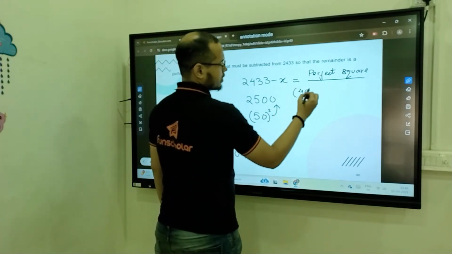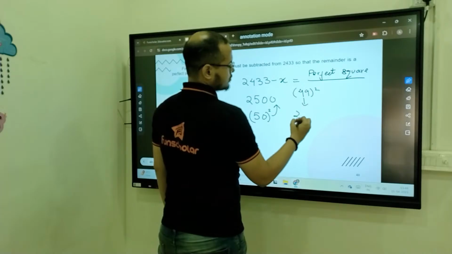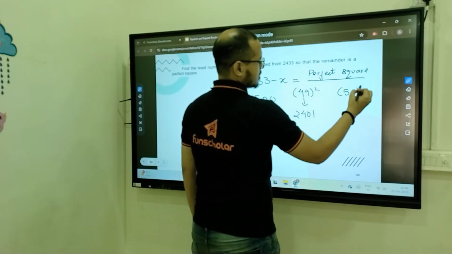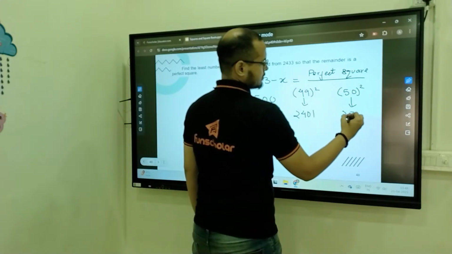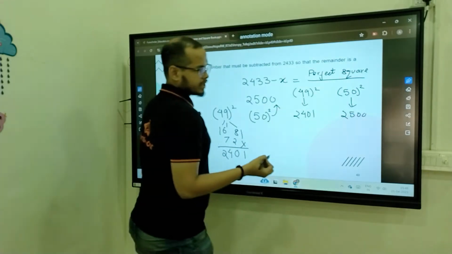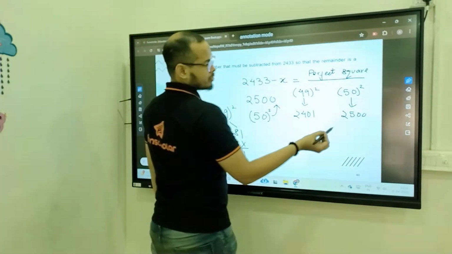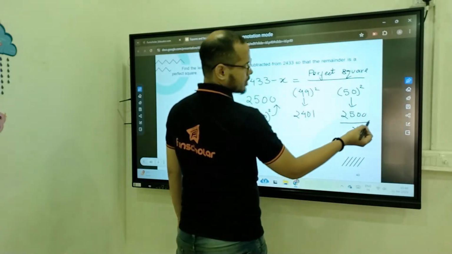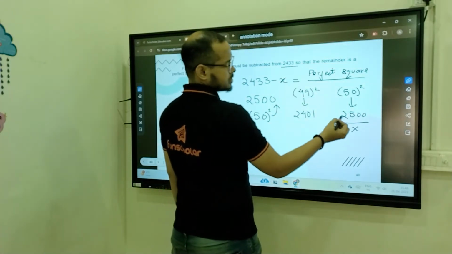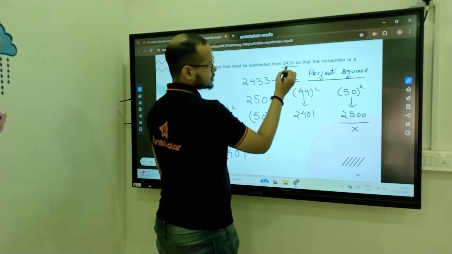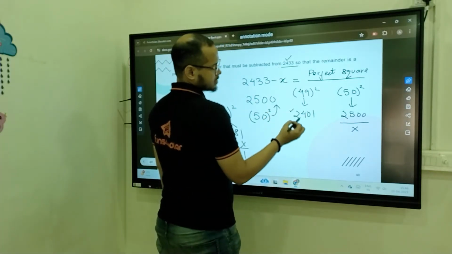Okay, so 49 square gives us 2401 and 50 square gives us 2500. The question states that what should be subtracted in order to make it a perfect square. So we are not going to be using 2500 because this number is bigger than this number, right? So it cannot be subtracted from anything. So we'll subtract 2401 from this. Okay.